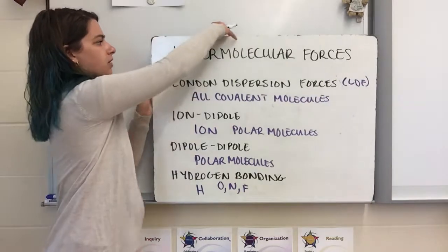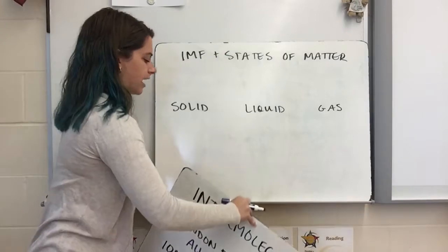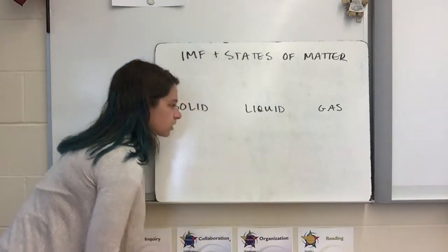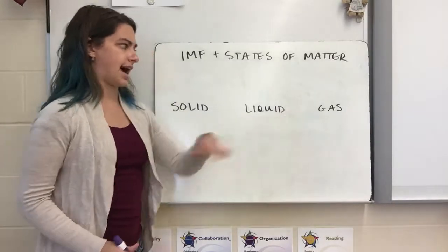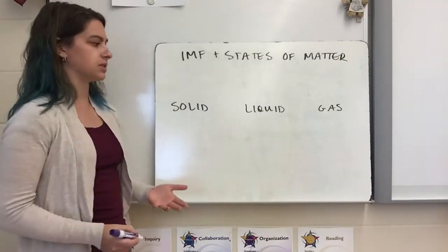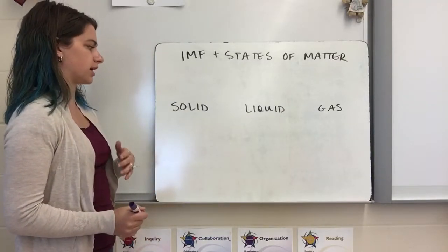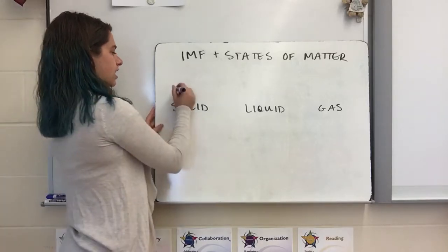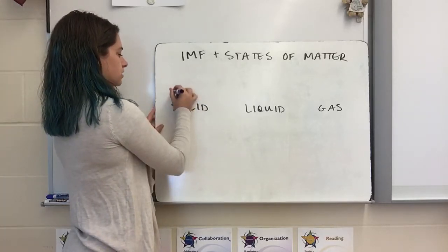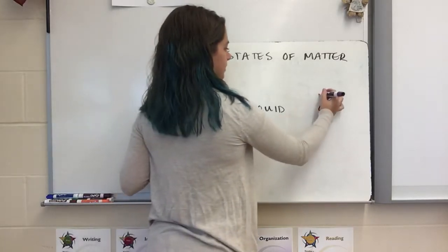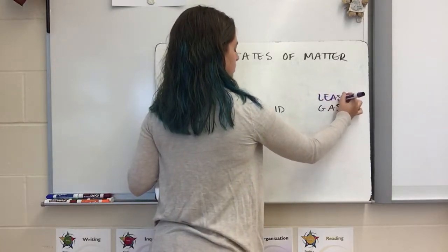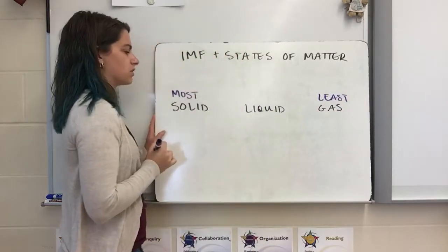So let's look at how intermolecular forces affect our states of matter. Our three states of matter are solid, liquid, and gas. If we think of our solids, liquids, and gases in terms of intermolecular forces, our solids have the highest intermolecular forces, so these have the most, and our gases have the least intermolecular forces or attractions.